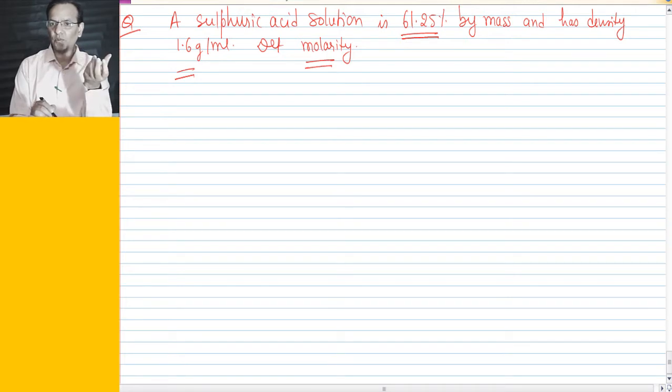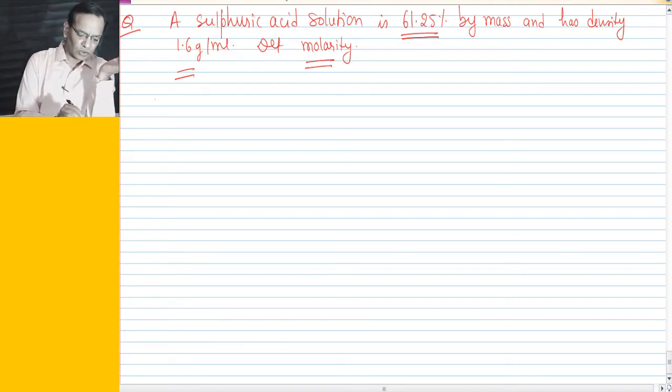Molarity is the number of moles of solute present in 1 liter of solution. So let us assume 1 liter solution, that is 1000 ml solution, and carry out all the calculation for 1 liter.